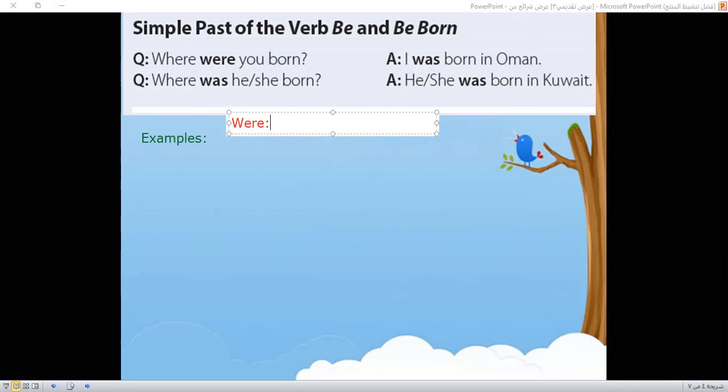They, we, you, and the plural, two names and above, for example. And with was, we're going to use she, he, and it, and one name which is singular.